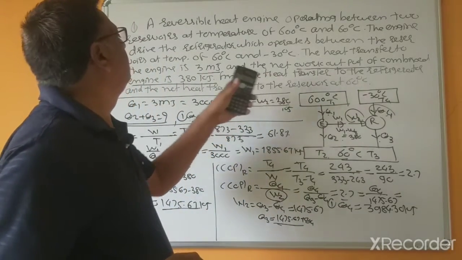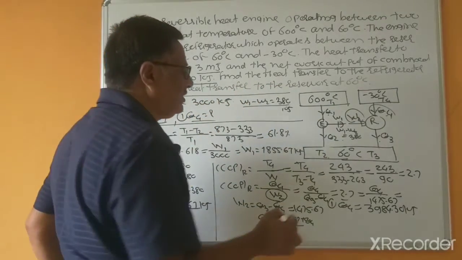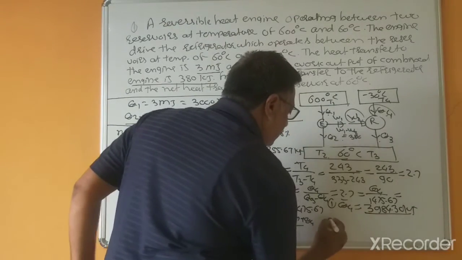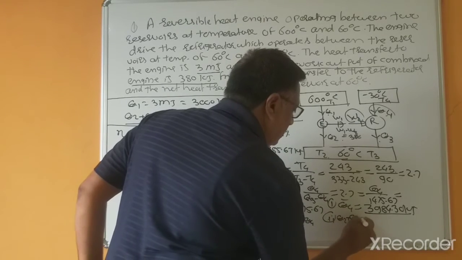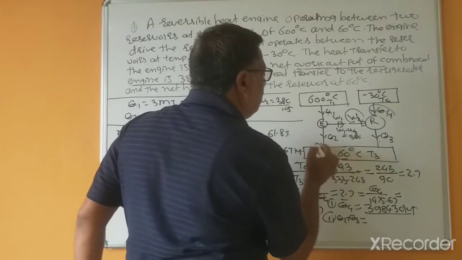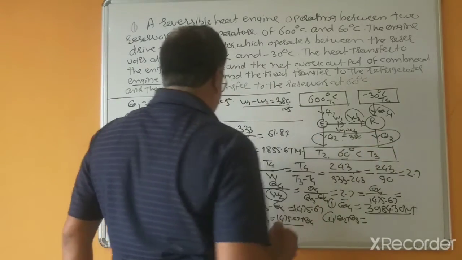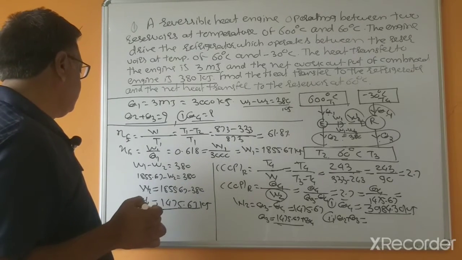The net, find the heat transfer to the refrigerators. So this is your first answer, and second answer Q2 plus Q3. This is Q2 plus Q3. Q2 equal to, we already calculated Q2.